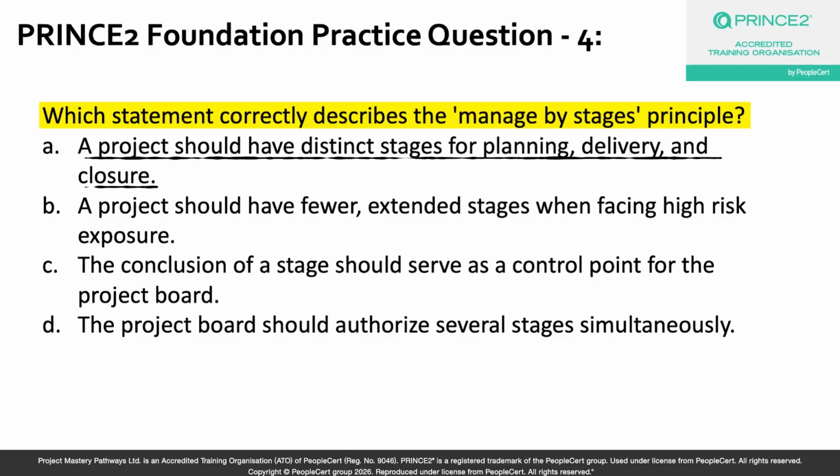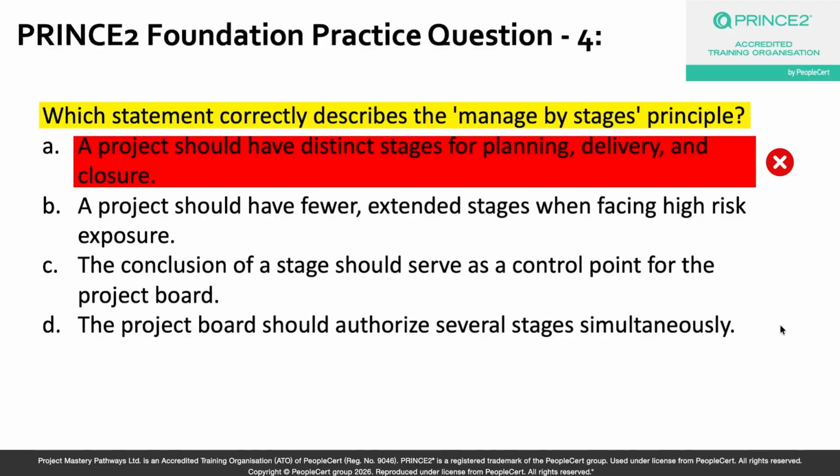Okay, what it actually says is that every project must have at least two stages, an initiation stage and at least one further delivery stage. That's it. Beyond that, the number and the nature of the stages depends on the project size, complexity, and risk profile. Okay, so option A, if you think about it, is imposing a rigid structure that PRINCE2 does not simply mandate, and that is why it is an incorrect answer choice.